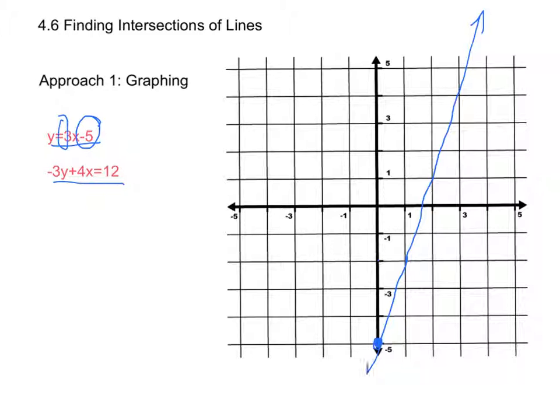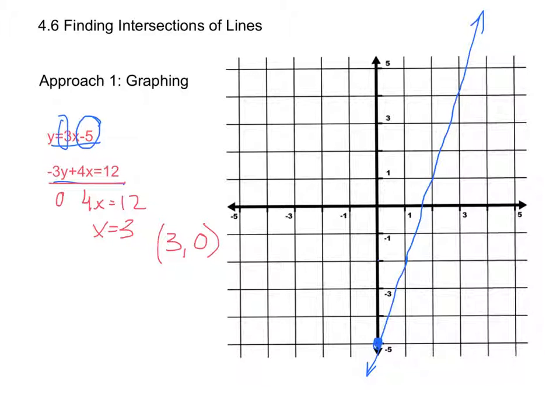So here we can graph that, just like that. And then the second line is in standard form. There's a trick where if you plug in 0 for y, that makes this term 0, and you just have 4x equals 12, which simplifies to x equals 3. That's the x-intercept because we plugged in 0 for y.